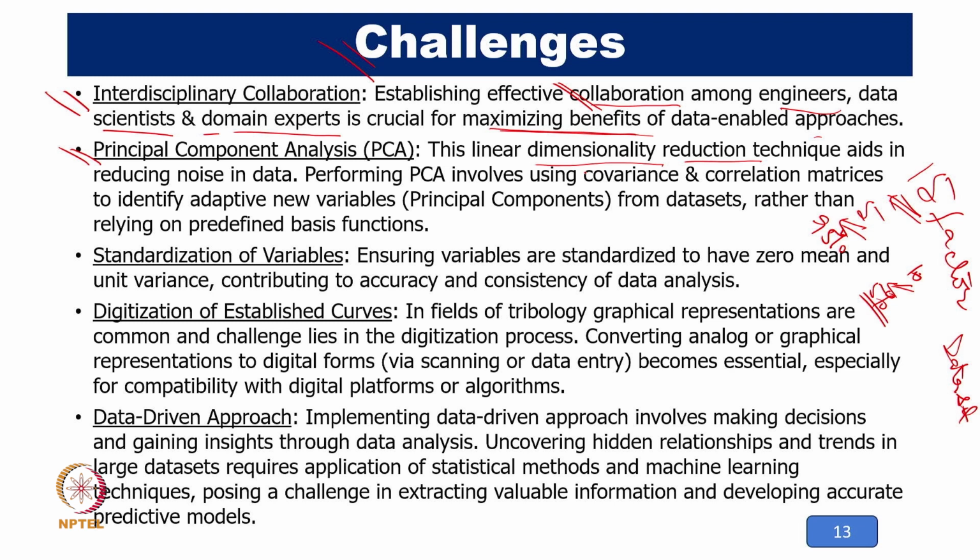And then how does it help? Performing PCA involves using covariance and correlation matrix to identify adaptive new variables. So these five factors may turn out to be new variables from a data set, and then they try to incorporate all the results, and it cannot come directly from a data set.